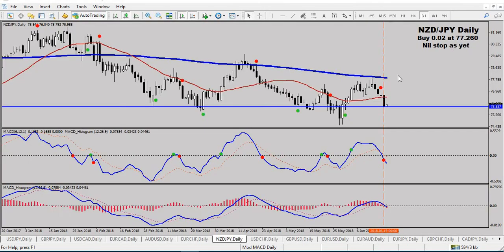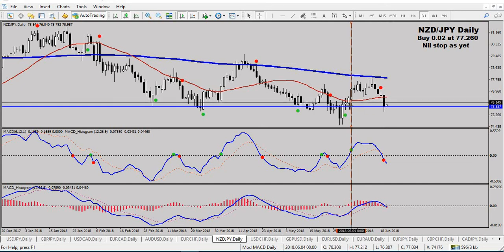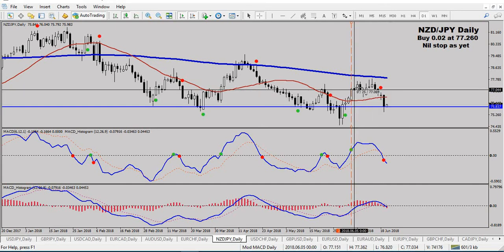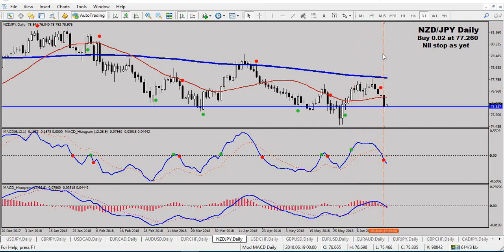New Zealand Japanese yen, this is the one I was telling you about. It's in a buy back here, so the buy trade was about there. Didn't really break through the 240 LMA, got up about 85 pips or so. Then it rolled down, and today we've got the confirmed reversal signal.